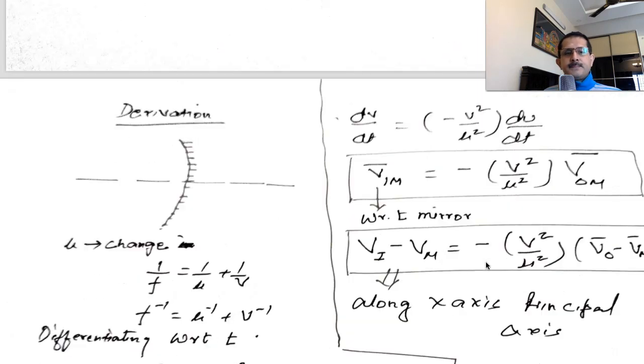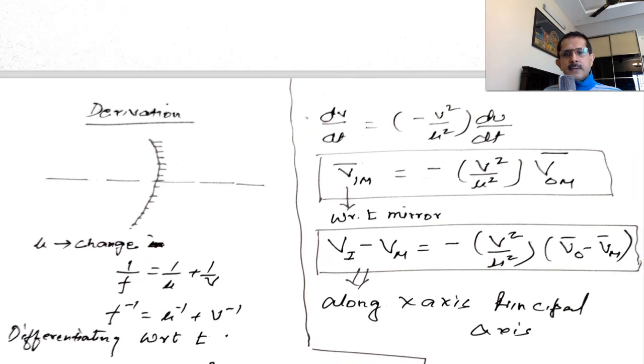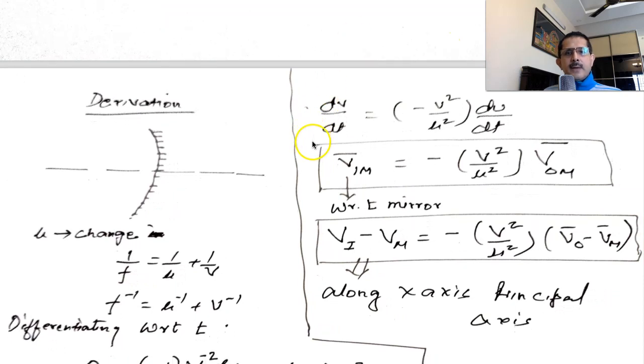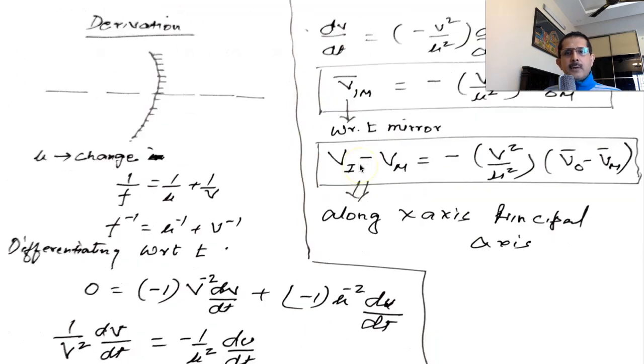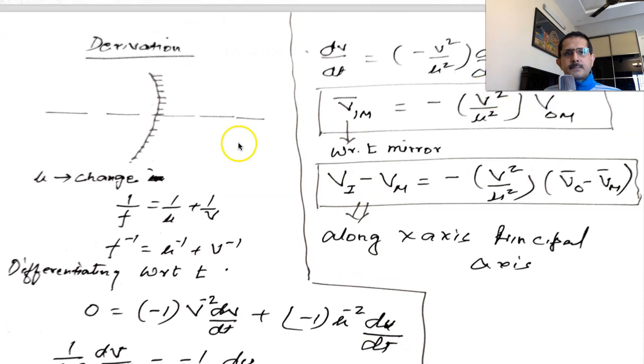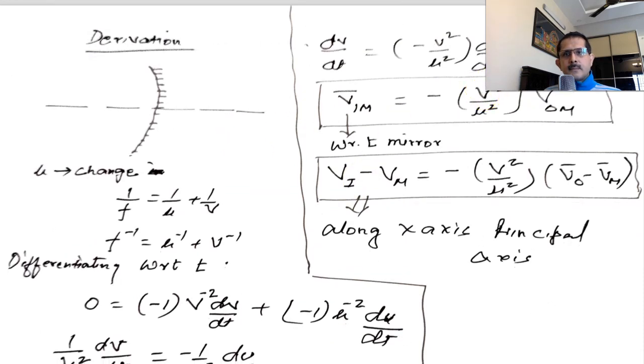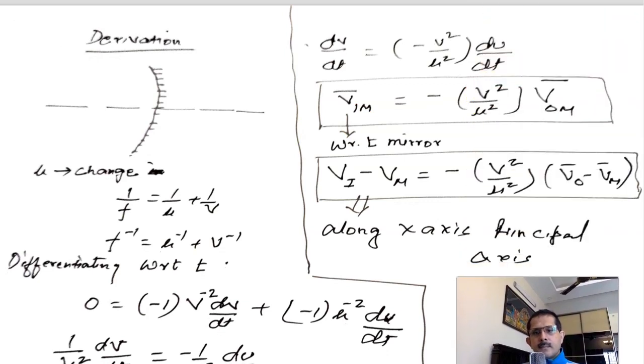Let me move ahead. Now before moving ahead, let me quickly introduce you to something very important which we would be needing. Now in this case, we know that 1 by f, let's say this is a concave mirror and we are trying to derive the velocities and tie up the relation between the velocity of the object and image.